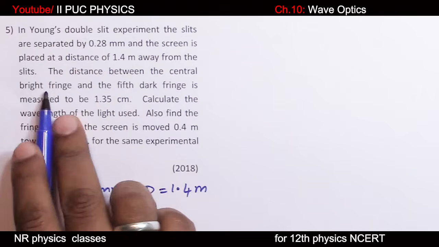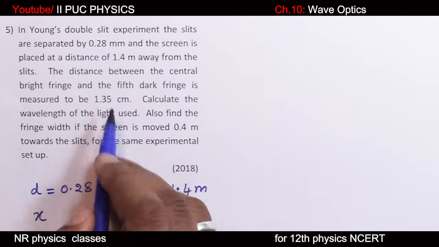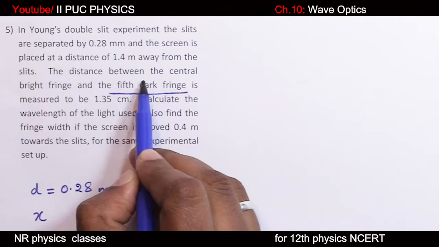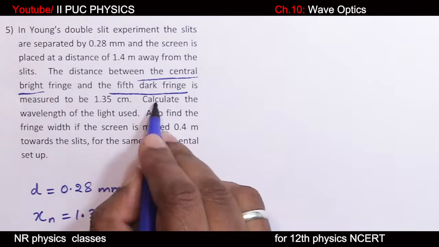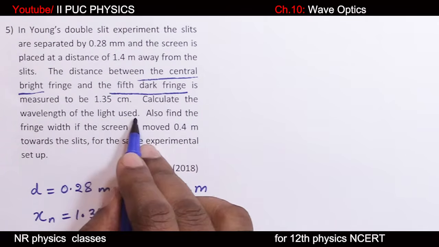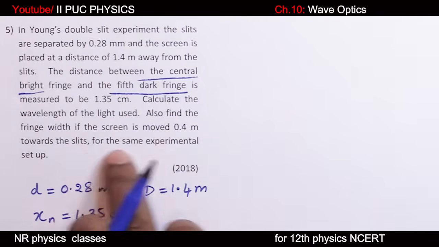The distance between the central bright and the fifth dark is Xn equal to 1.35 centimeter. Calculate the wavelength of light used and also find the fringe width with this condition.